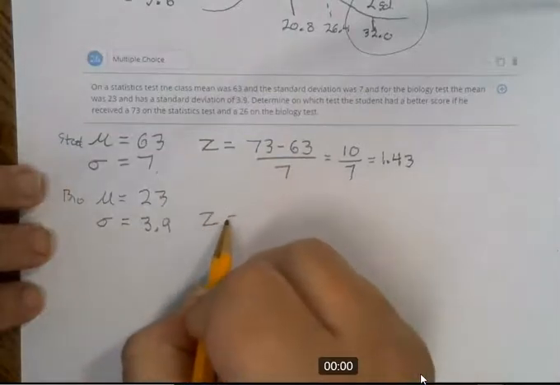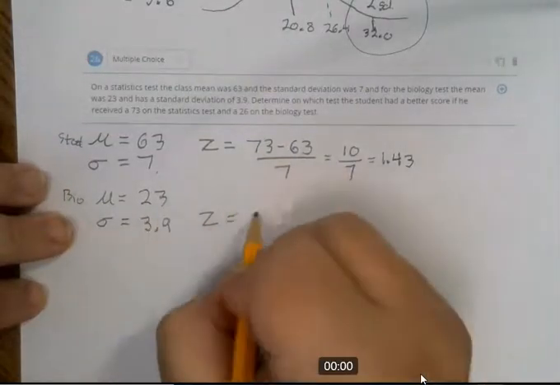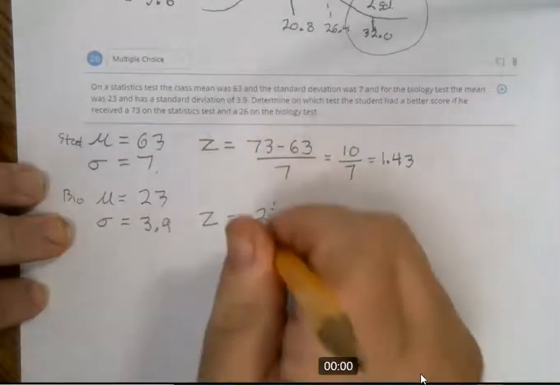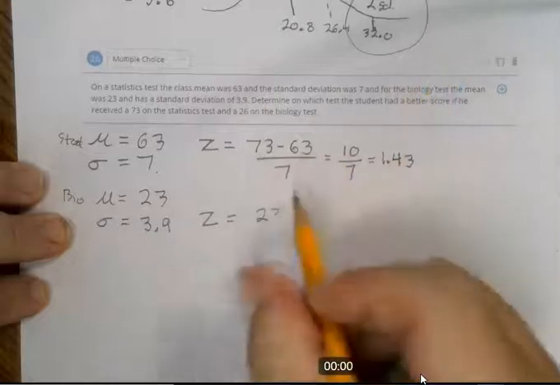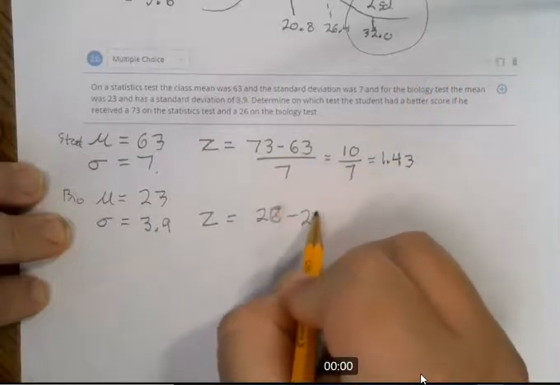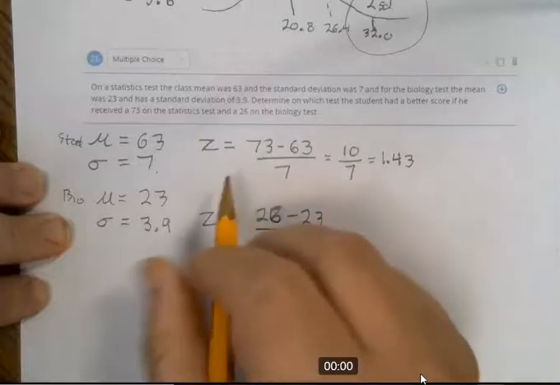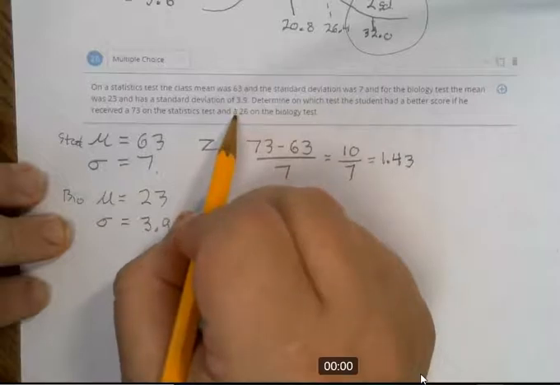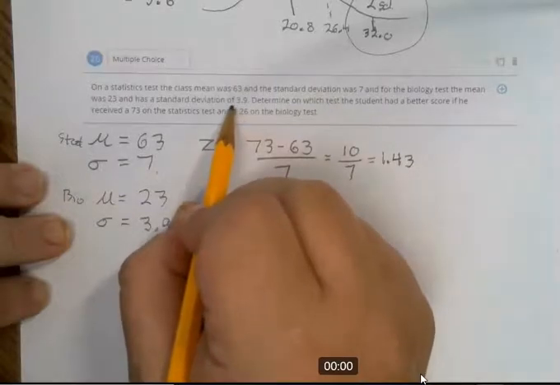And for bio, it's going to be, whoops, I take that back, they got a 26. 26 minus 23, which is the mean, over the standard deviation on that one, which is 3.9.